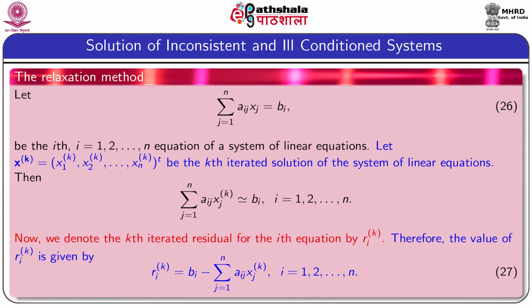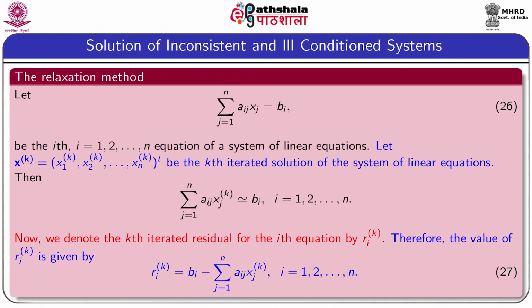Now we denote the kth iterated residual for the ith equation by rik. The value of rik is defined by rik equal to bi minus summation over j equal to 1 to n aij xjk, where i equal to 1 to n.